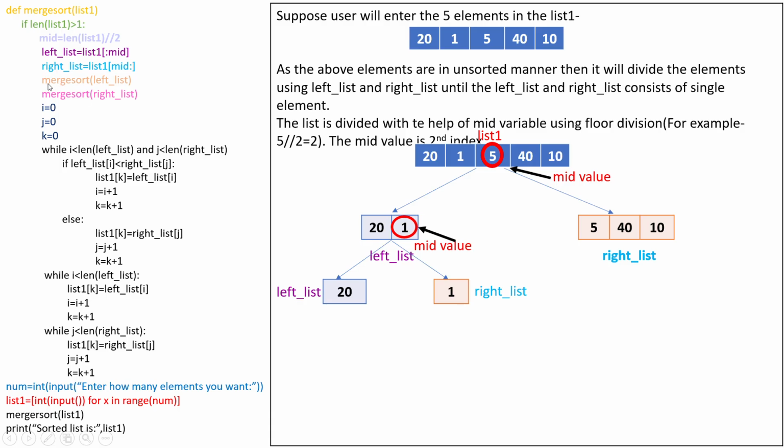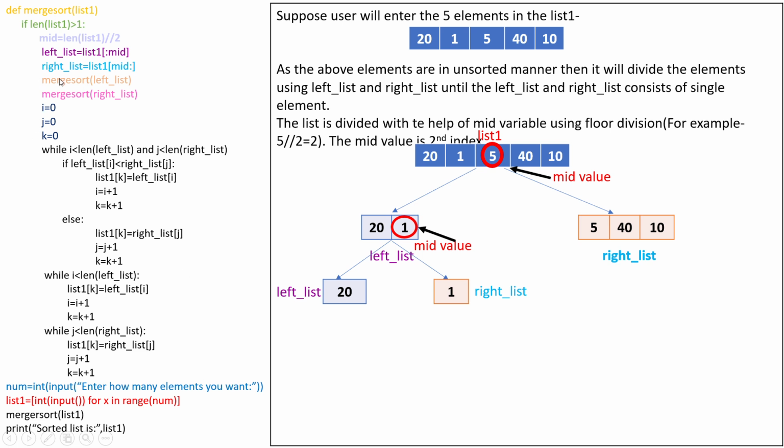Now again it will go to this line, merge sort left list. It will call the function merge sort left list. Now, if length of left list, which is now consisting of 20, is left list greater than 1? Is 1 greater than 1? False.